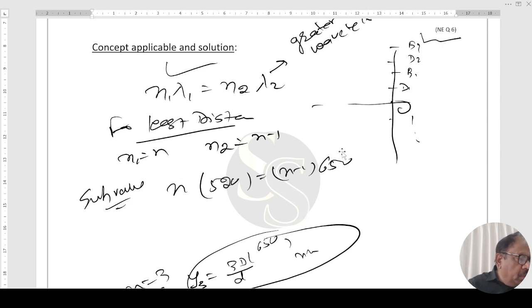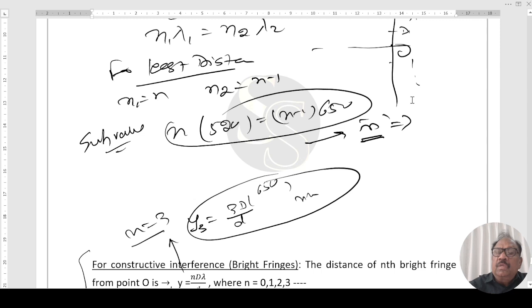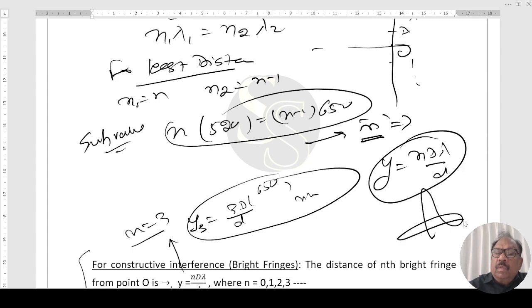Simplify this, and whatever comes will be n. Find n, the number is known. After that, take the distance of the bright fringe. y will be equal to n lambda D upon small d. Put it here. That will be the answer. Right?